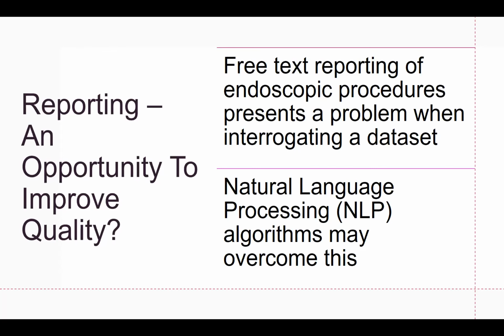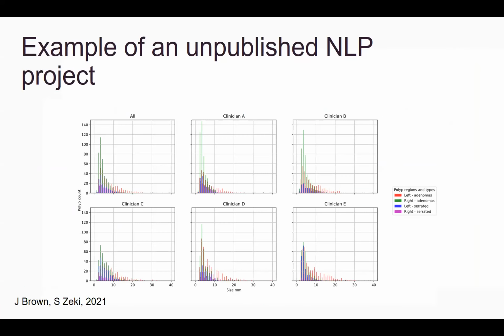So a project that was done was looking at a clinician who wasn't doing as well with their polyp detection rate when they did colonoscopy, and that was clinician E. They used a natural language processing algorithm in an endoscopy reporting system to ask it to differentiate whether polyps were on the left or the right of the colon, and whether they were adenomas or serrated lesions.